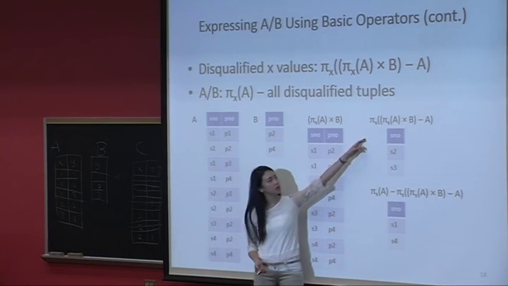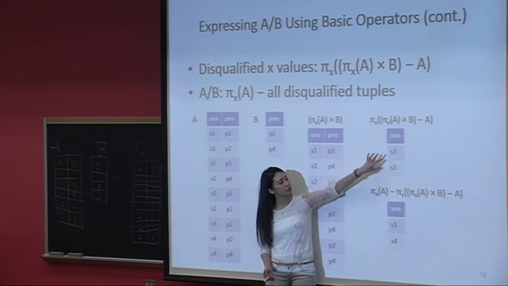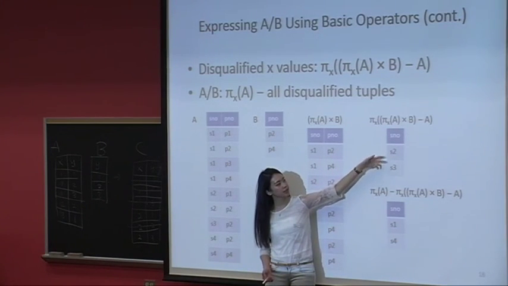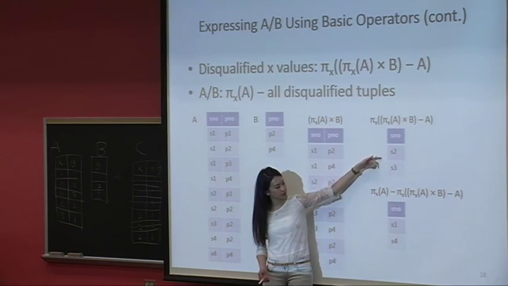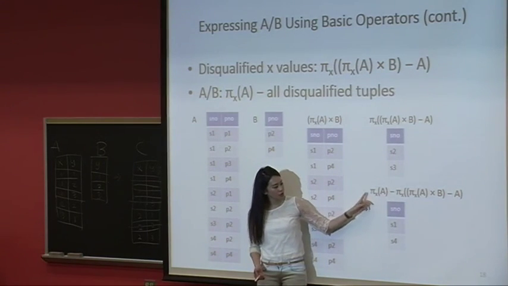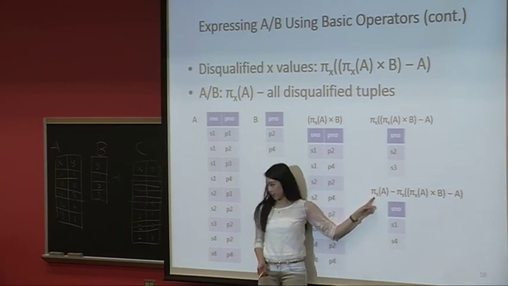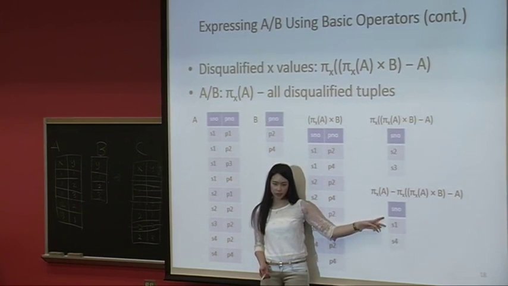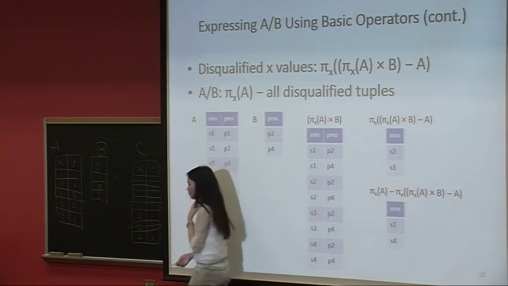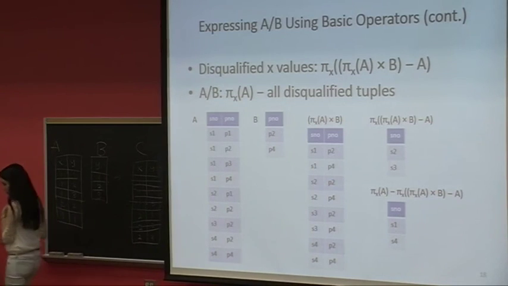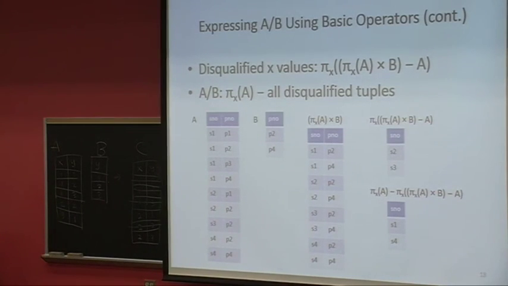And here it's essential that we take the projection, so we get a non-duplicate set of the possible x's. And finally, we use all of the x's in the original A, taking out the disqualified ones. Sorry for the confusion. So that's that. Okay with that?